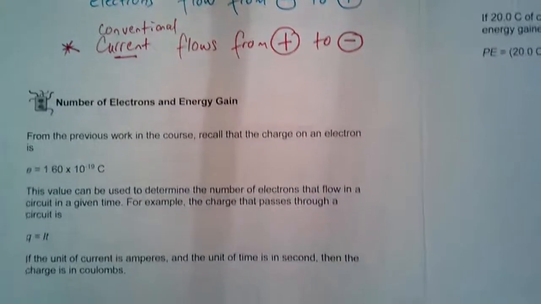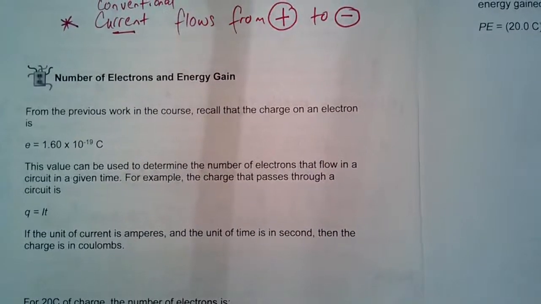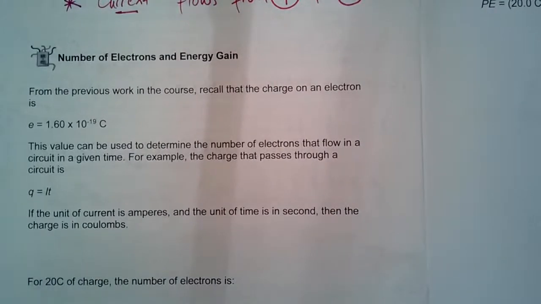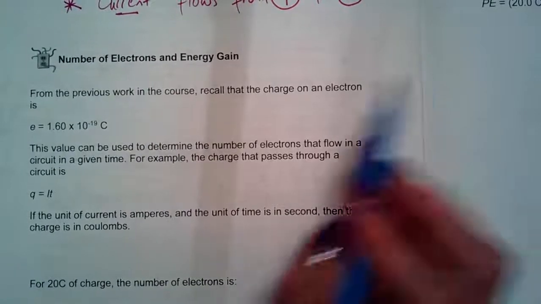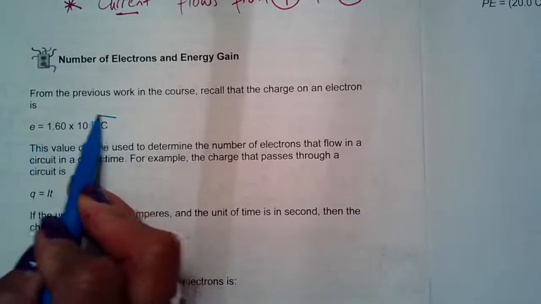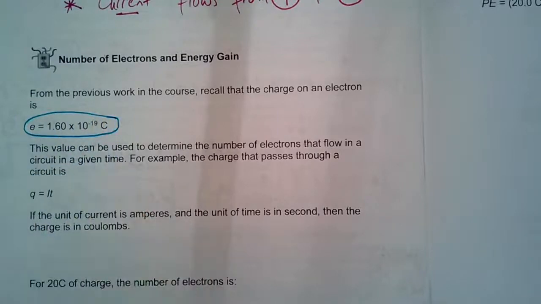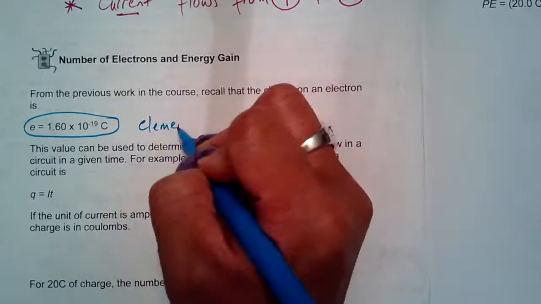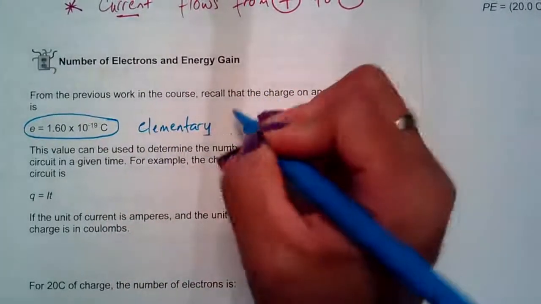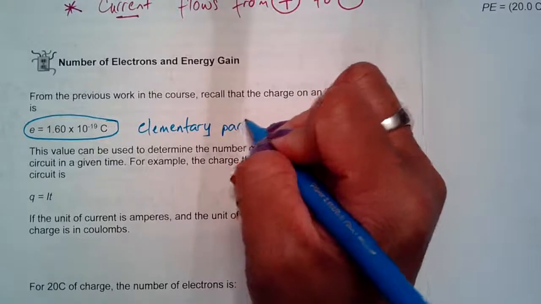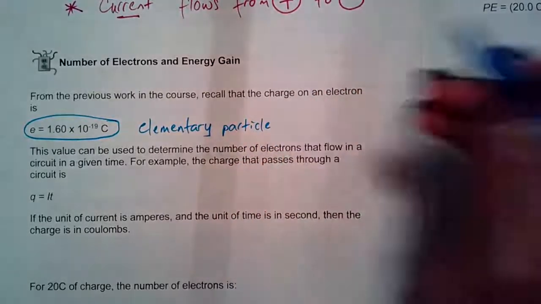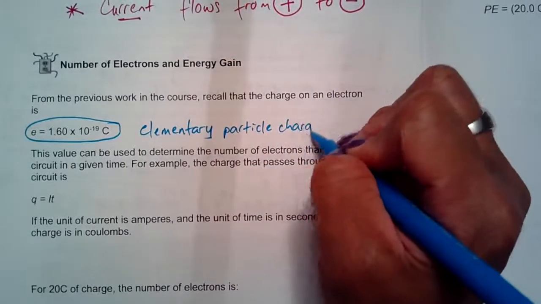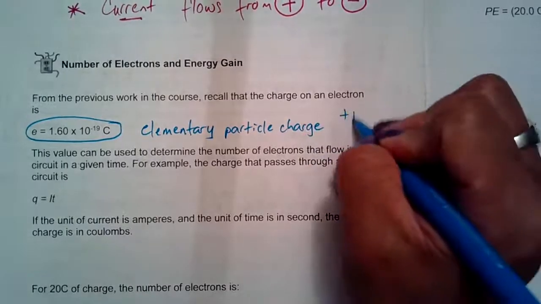Number of electrons and energy gain. From the previous unit that you just finished, recall that the charge on an electron is this. So I'm going to rewrite this here. This is called the elementary charge, because this is the charge for a proton.